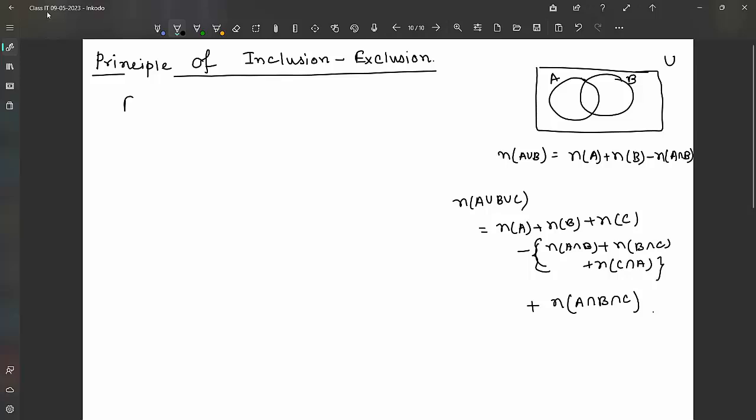So the general principle is for any number of finite sets, suppose A1, A2 up to An.